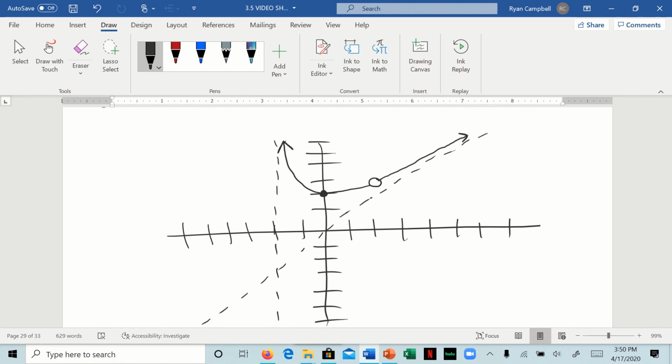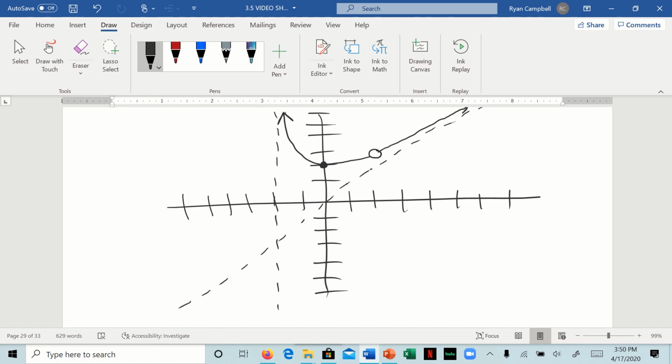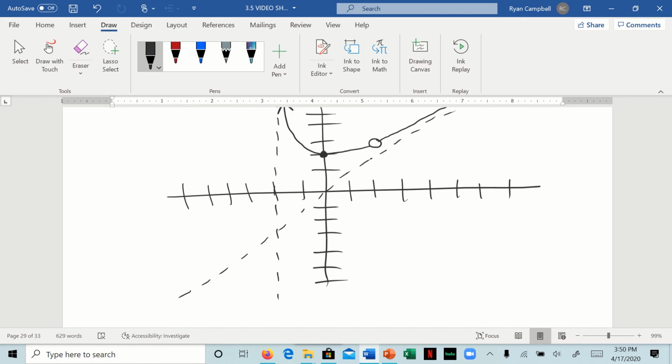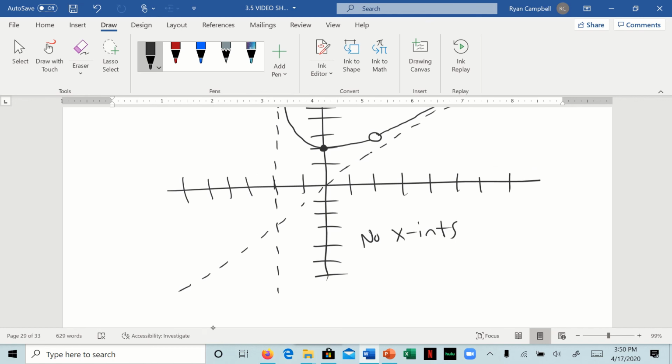So now we have to ask ourselves about the left side of the vertical asymptote. So once again, we can plug in a point. However, notice there were no x-intercepts. So either it's going to go underneath this oblique asymptote, or it's going to go above.